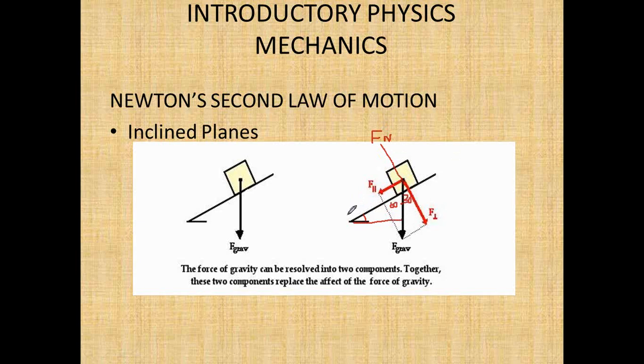So if you use trigonometry principles, and we usually put, you know, this denotes that is the parallel component of the force of gravity. So that parallel component, okay, because this angle is 30.